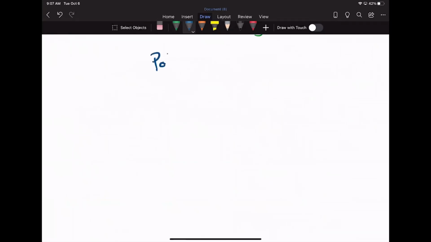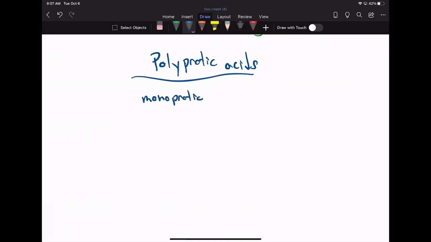We do need to talk about what we call polyprotic acids. So we have these terms. Let me give you monoprotic, where protic means proton, monoprotic, we're just going to have one hydrogen there.